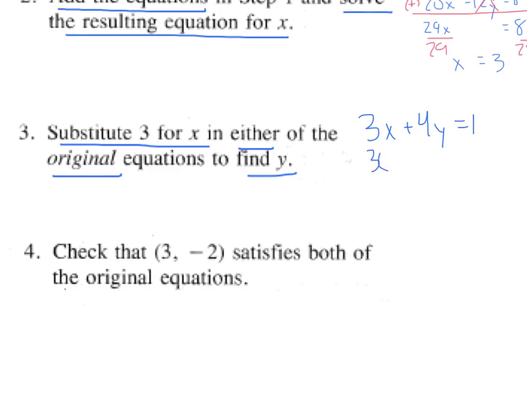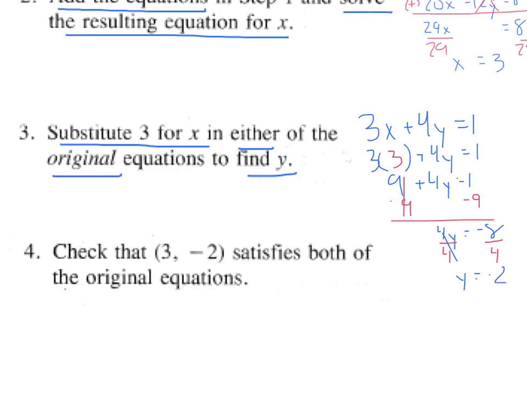That is 3 times 3 plus 4y equals 1. Do the math. 3 times 3 is 9 plus 4y equals 1. Isolate the y, so we subtract the 9. That gives me 4y equals negative 8. Now divide by 4, and I get y equals negative 2. So there's the second piece. So I have this ordered solution, 3, negative 2, that I think works.